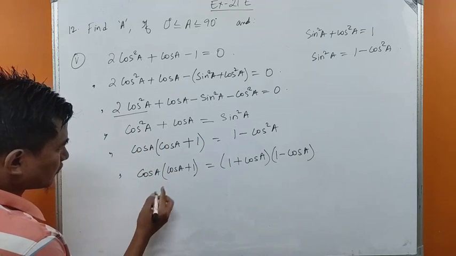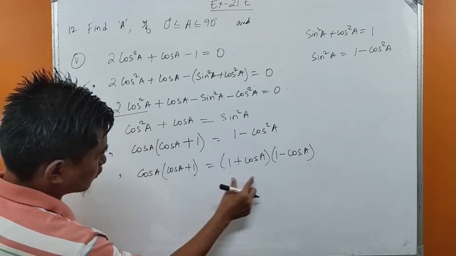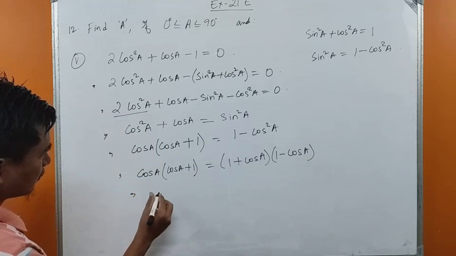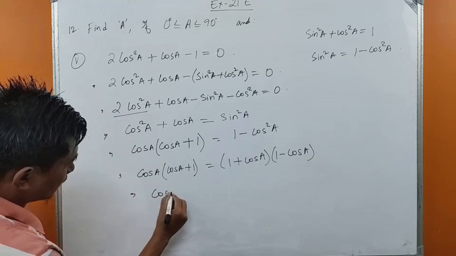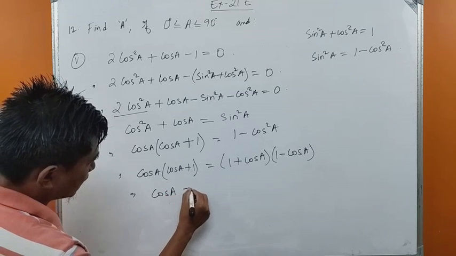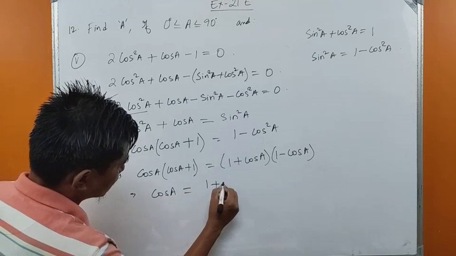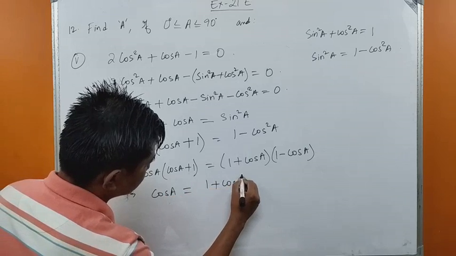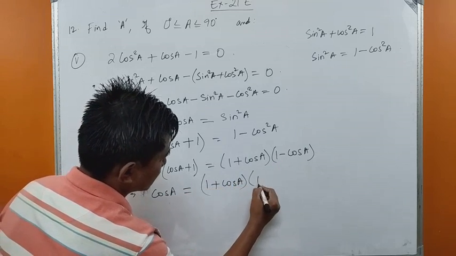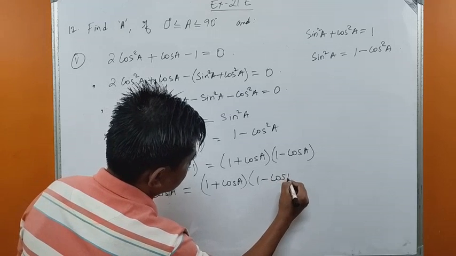So this cos A plus 1 goes to the denominator. Cos A I write here as it is, equals 1 plus cos A into 1 minus cos A, isn't it?